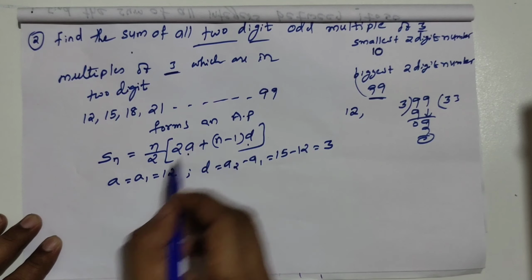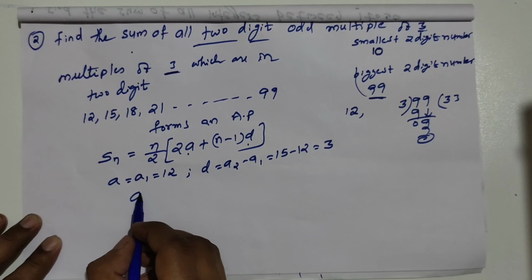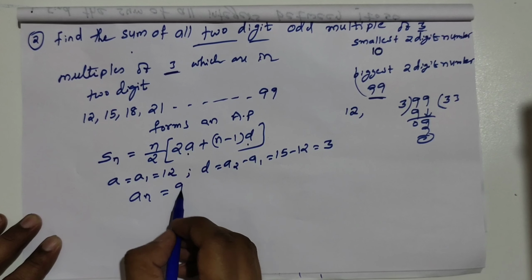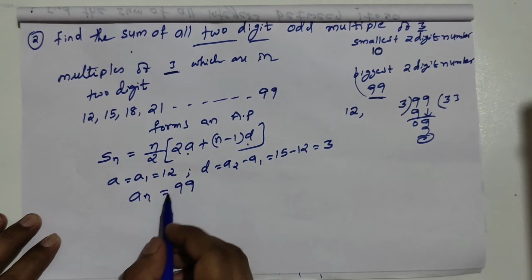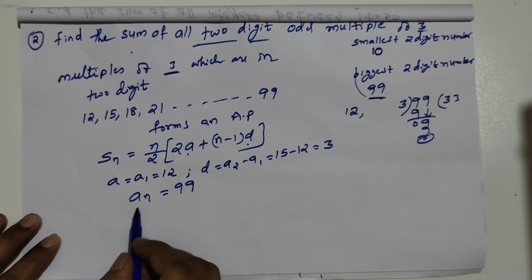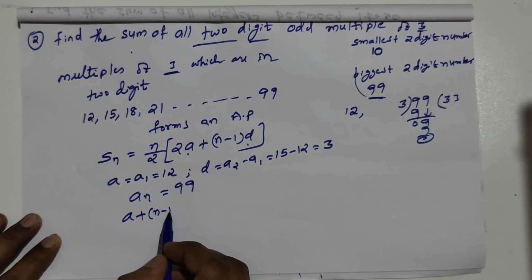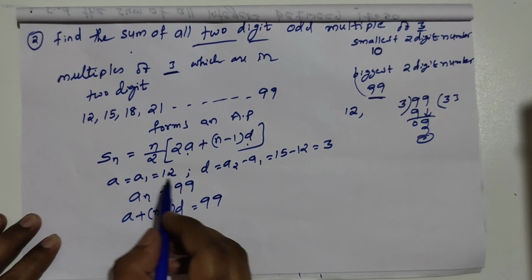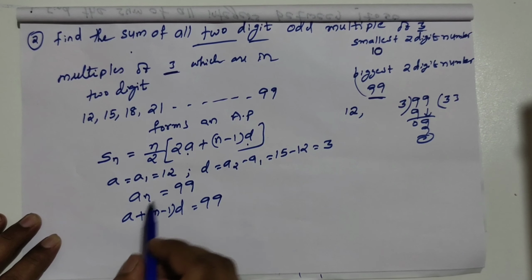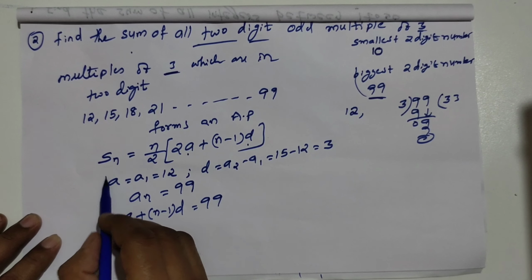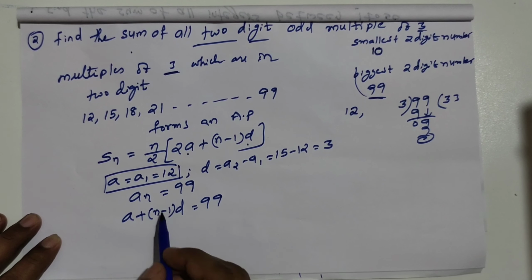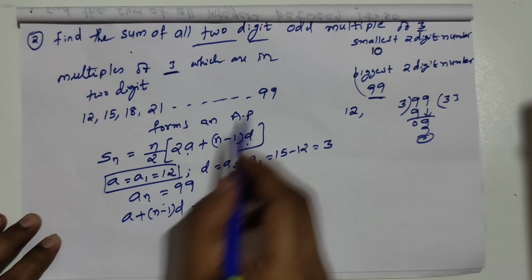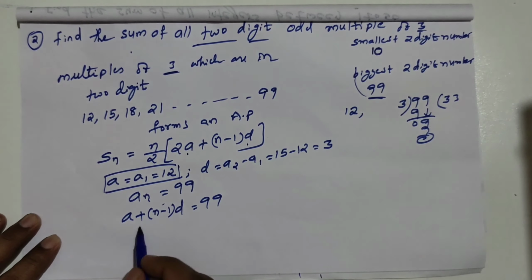The last number is generally taken as the nth term, since it is a finite progression. That's why an is equal to 99. So here we write the nth term formula, a plus n minus 1 into d is equal to 99. By substituting the a value and d value, we can easily get the number of terms in our progression.